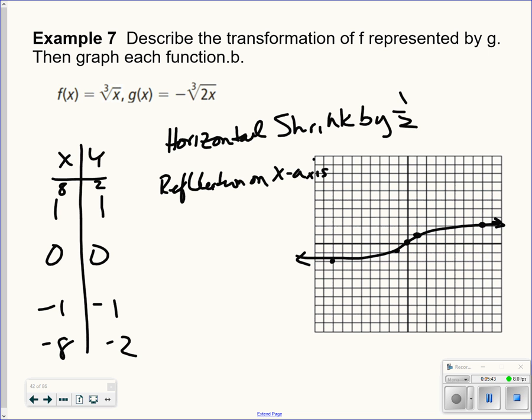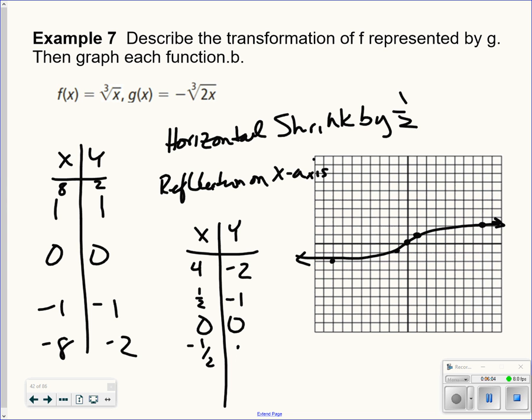Now, I'm going to do the XY chart, hopefully you'll understand this. 0 is still 0 in this. Now, if I put in a half, I get -1. If I put in 4, I get -2. Negative a half, +1. -4, +2.